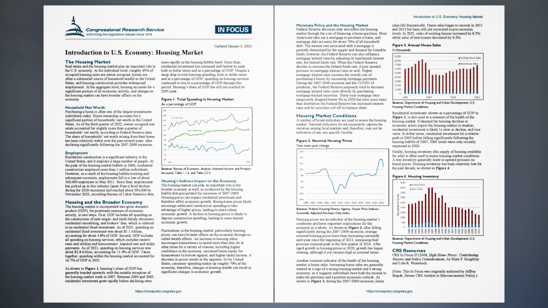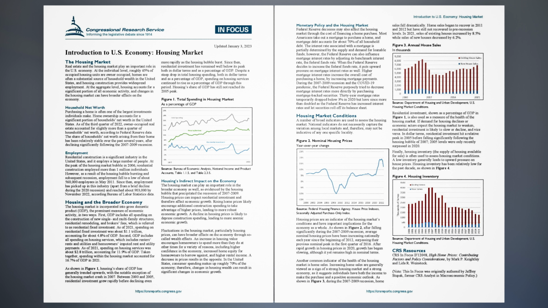As shown in Figure 2, after falling significantly during the 2007 to 2009 recession, average nominal housing prices have been increasing nationally each year since the beginning of 2012, surpassing their previous nominal peak in the first quarter of 2016. After rapid growth in housing prices in 2020, growth has begun slowing, although it yet remains high in nominal terms.